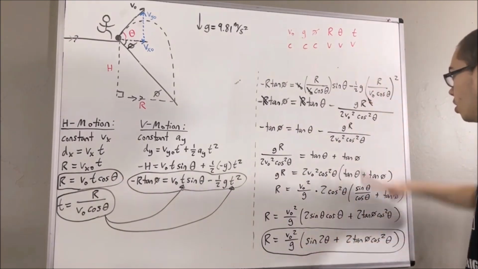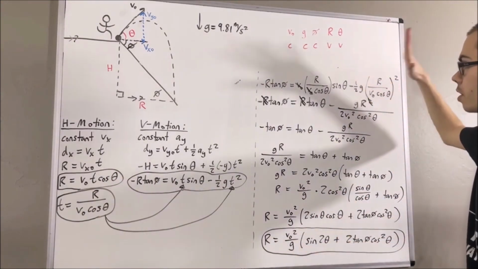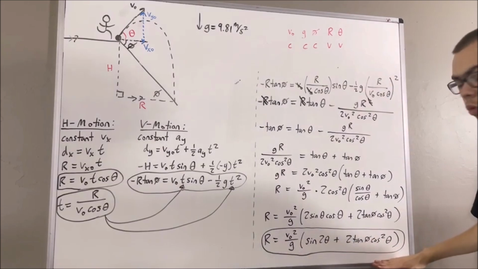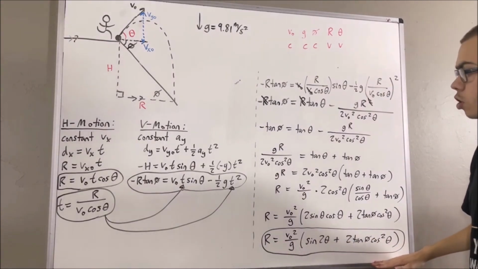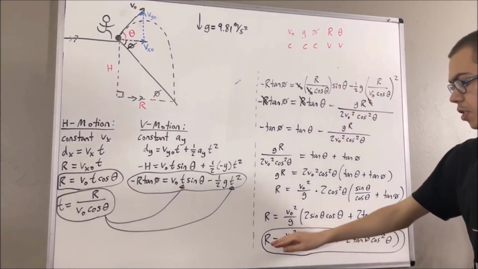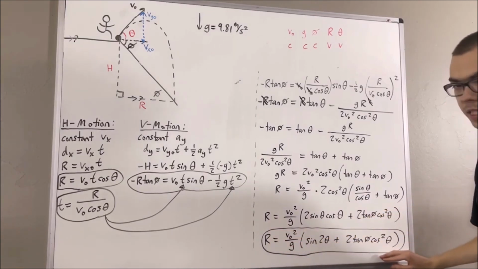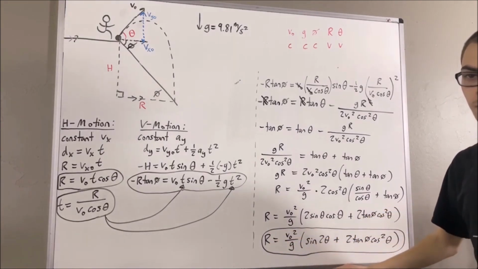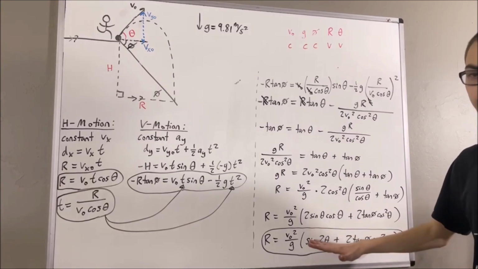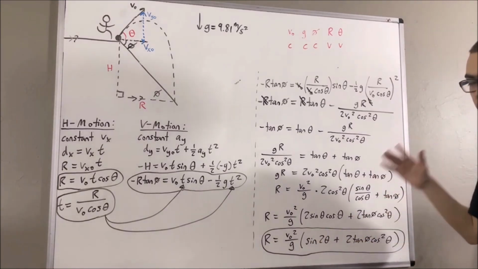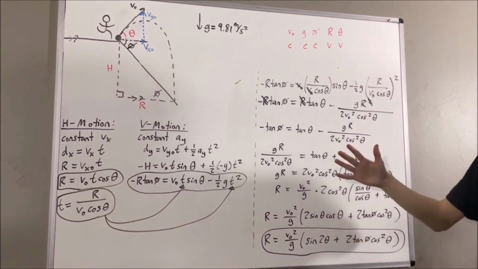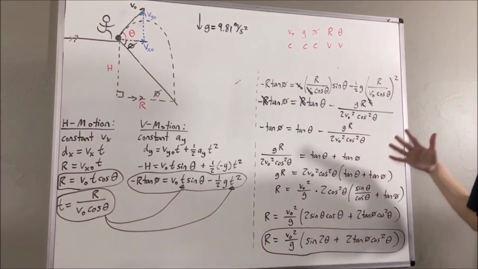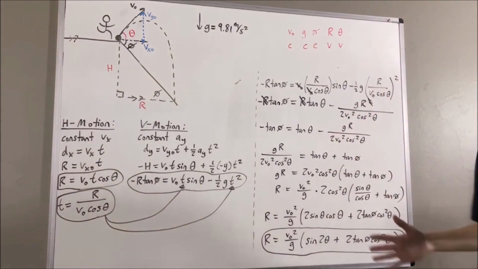And actually, we have eliminated time. So we're all good. Now, remember, the next step is to take the derivative of this and set the derivative equal to 0. From there, we'll solve for theta. And the value for theta that we get will correspond to a critical point. And so, from there, we're going to show that that critical point is a maximum.